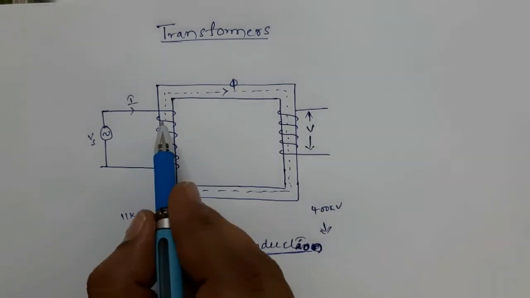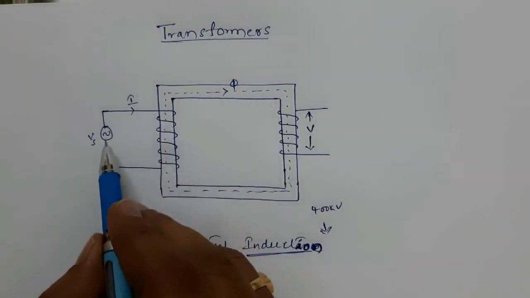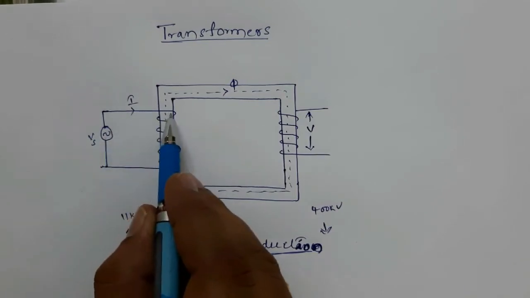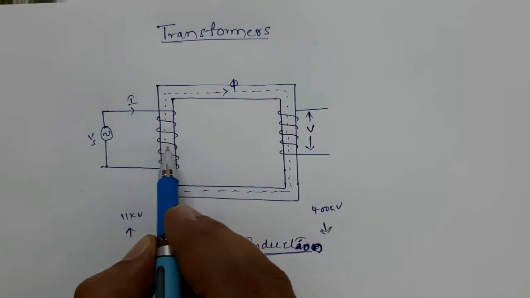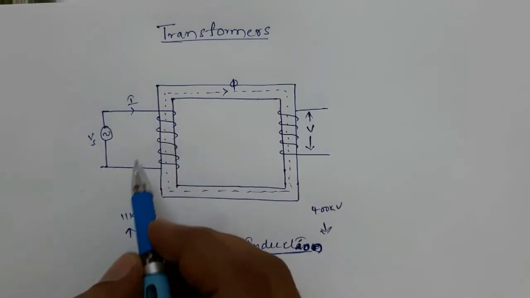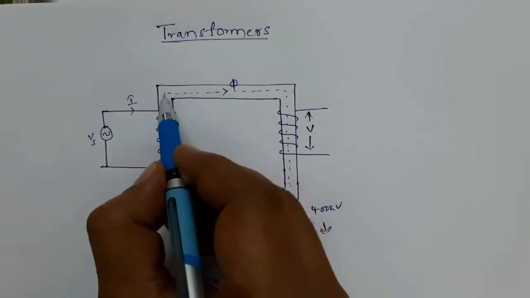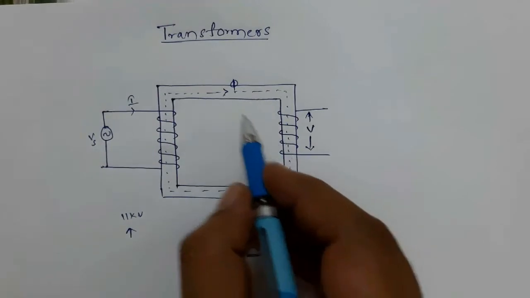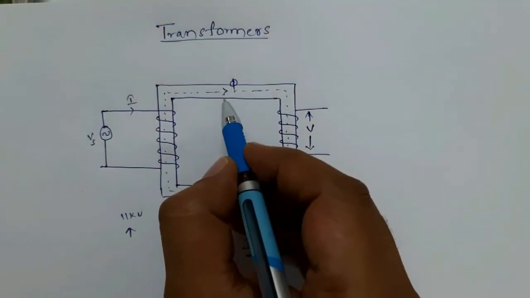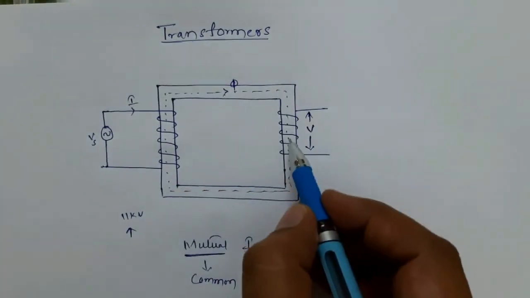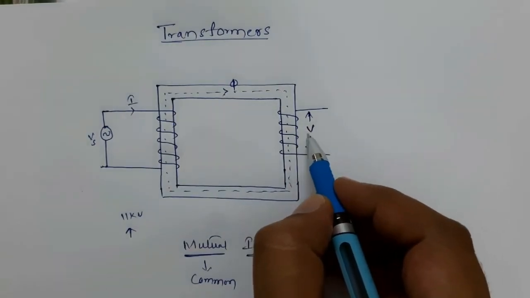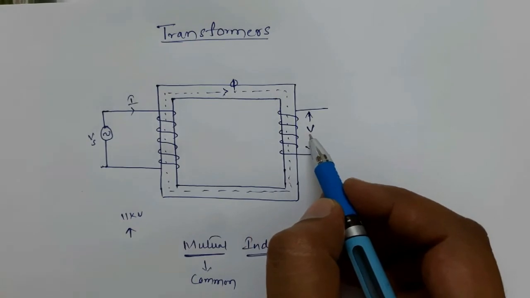Whenever one circuit of the transformer is connected to an alternating voltage source, current will flow through this coil or circuit. Then some magnetic flux is set up in the laminated core. Due to this alternating flux, some EMF will be induced in the other circuit of the transformer.